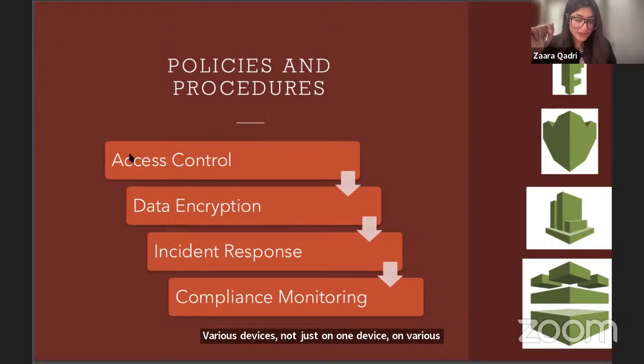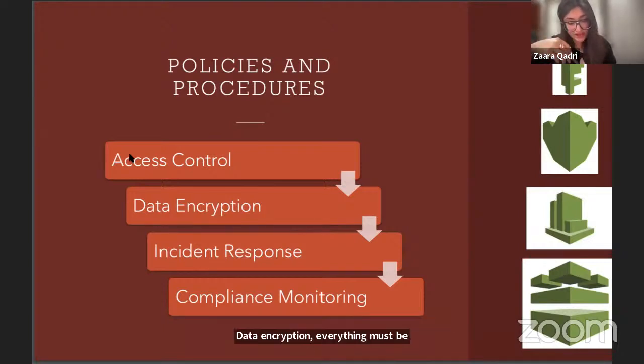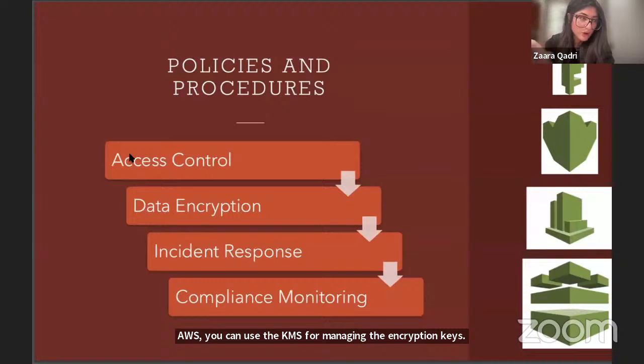Data encryption: everything must be encrypted, whether it's data at rest or data in transit. In AWS, you can use KMS for managing the encryption keys. Think of it like this, KMS is like your whole lock, basically your biggest lock. It's a key management service.